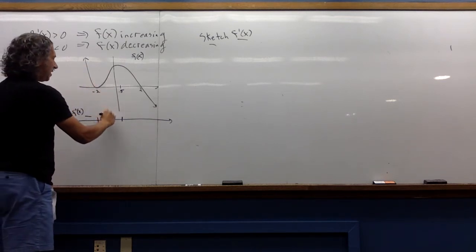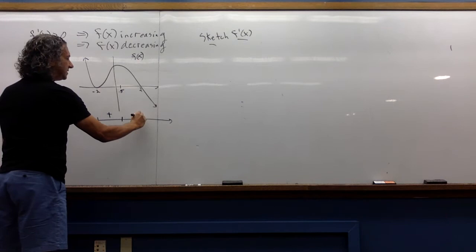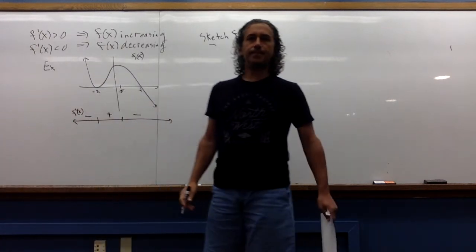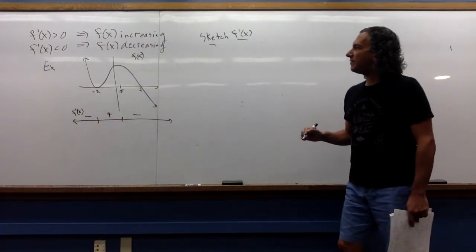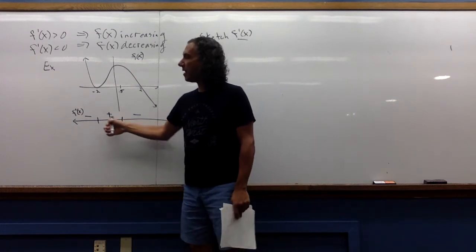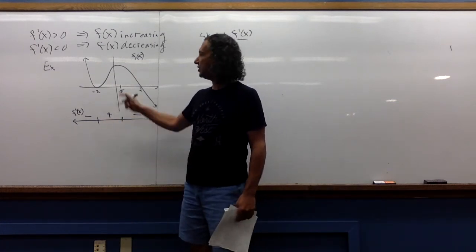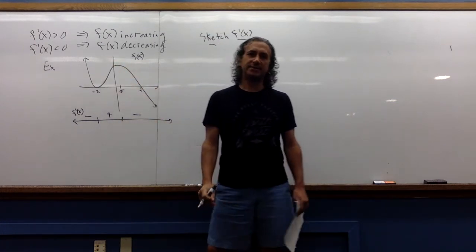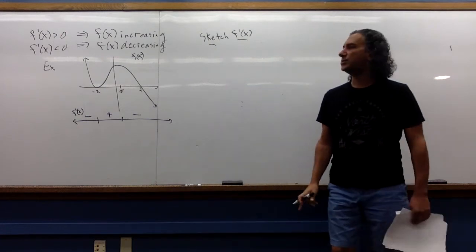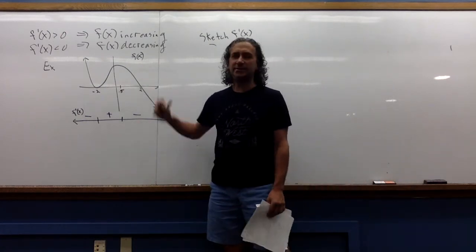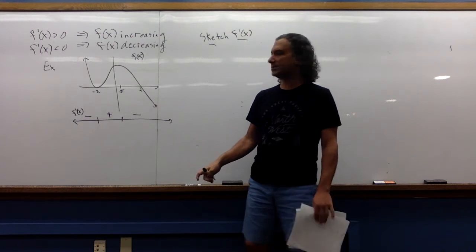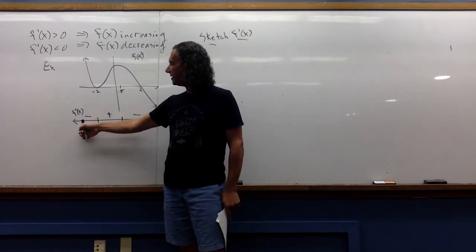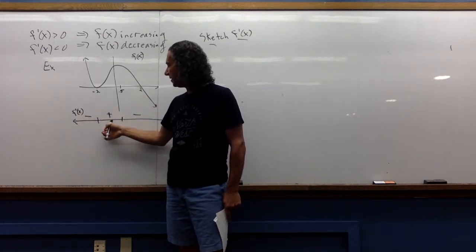F prime of x is positive here, and f prime of x is negative here. Once you have the signs of f prime of x, my recommendation is to ignore f of x. I see it time and time again. Students get sucked into what f of x is doing. Doesn't matter what f of x is doing. All I care about is I'm going to sketch a function that's negative, positive, negative.